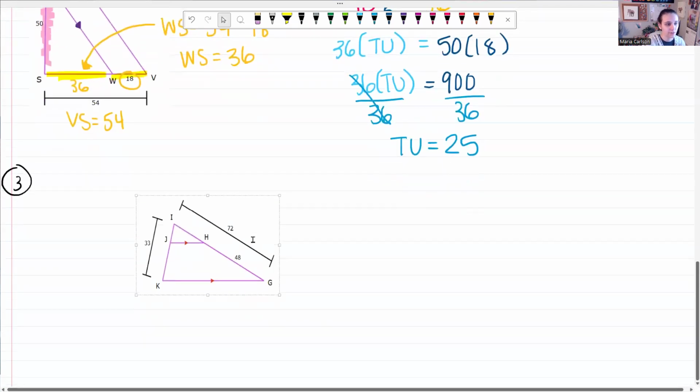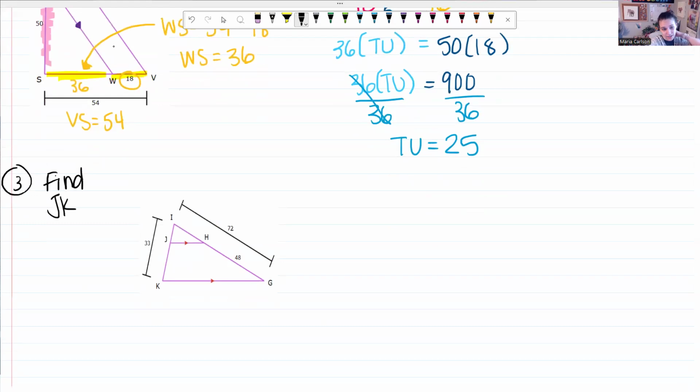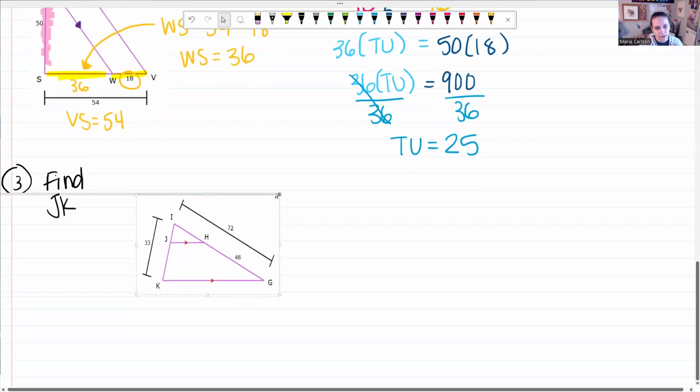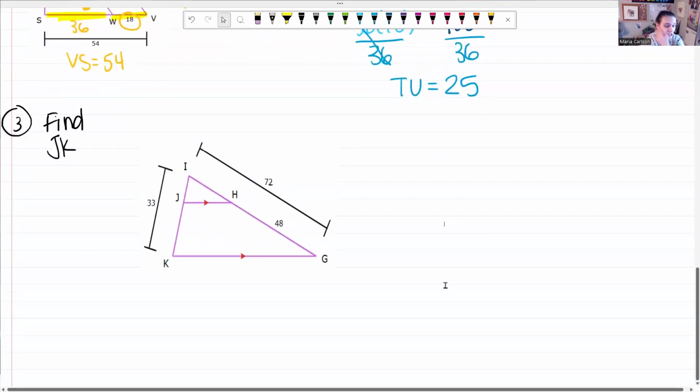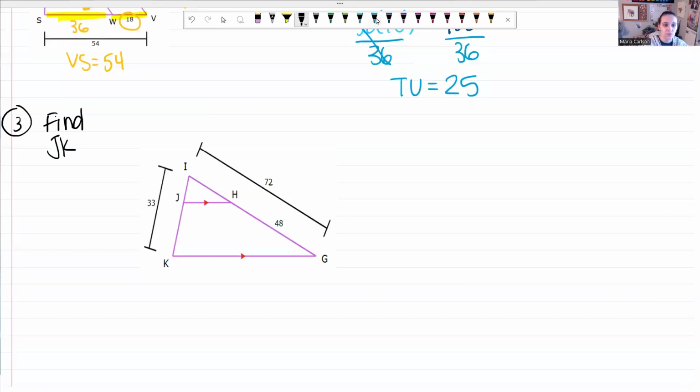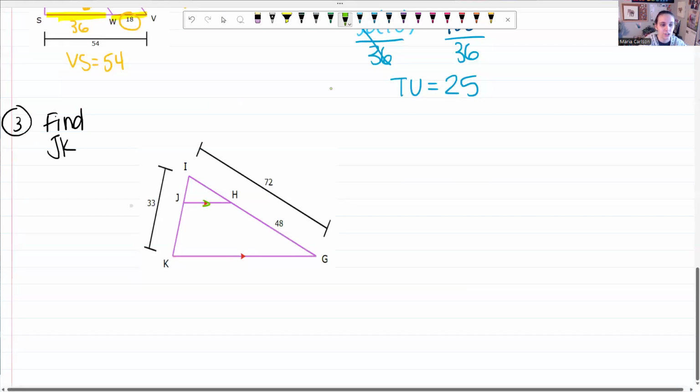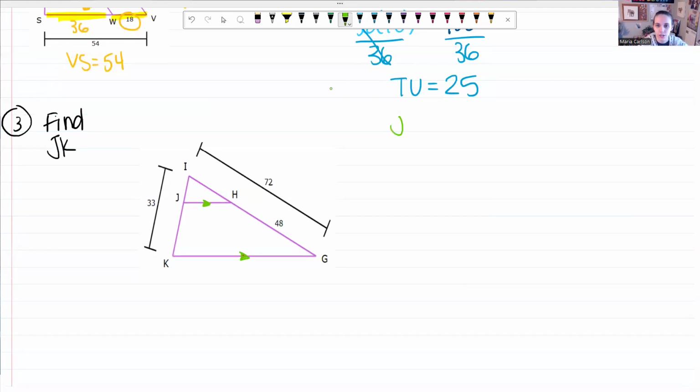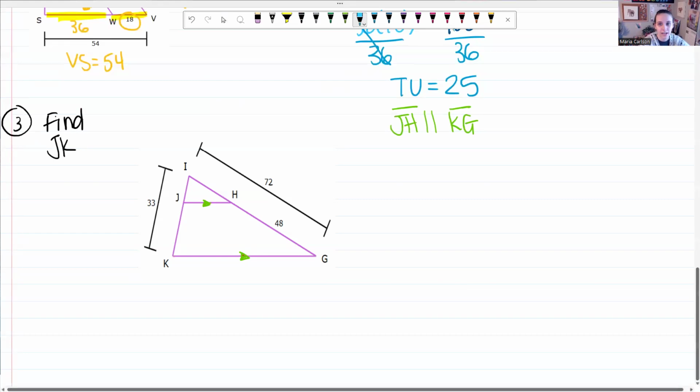So for this problem, we're going to find JK. And this problem, this diagram actually, is kind of leaving out a lot of information. So first of all, I notice that JH is parallel to KG. So I'm going to write that JH is parallel to KG, which means I can use the triangle proportionality theorem.